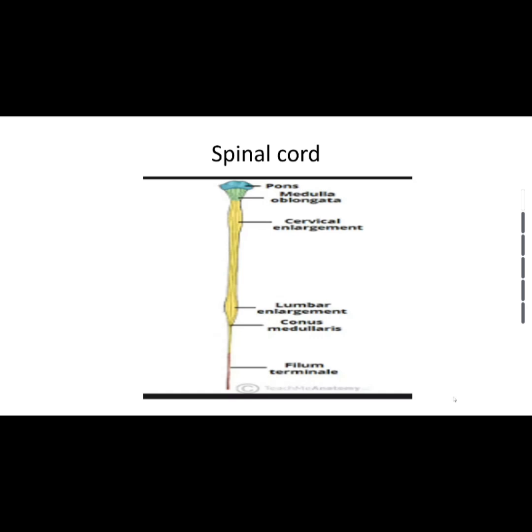So below that, we don't have the spinal cord. All we have is nerve fibers. Then from there, we have what we call filum terminale. As we have said, the pia mater is firmly attached to the surface of the brain and continues all the way to the spinal cord.